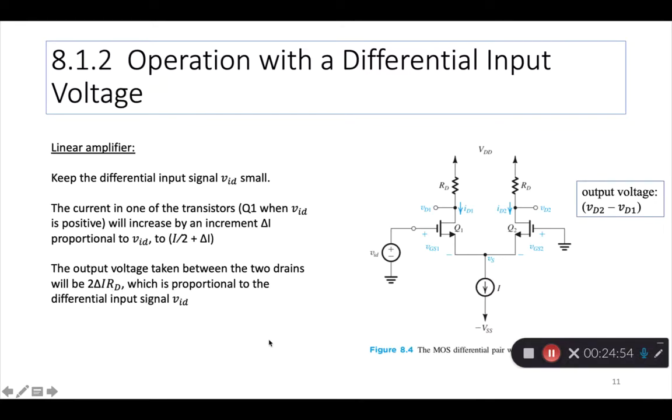And of course, we'll do a lot more on the small signal analysis to understand the gain and so on. But for now, just remember that the change in the current over what would be true in a common mode situation, that delta I, is part of the expression for the output voltage, which is 2 delta I times the drain resistance. Okay.